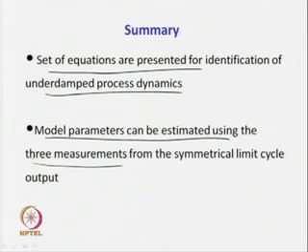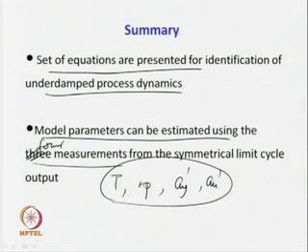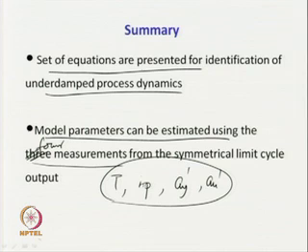Actually not 3, we have to make 4 measurements, because those measurements could be T half period, peak amplitude, and areas AY dash and AU dash. So, using the 4 measurements it is possible to estimate all the 4 unknowns, or at least 3 unknowns, associated with the transfer function model.